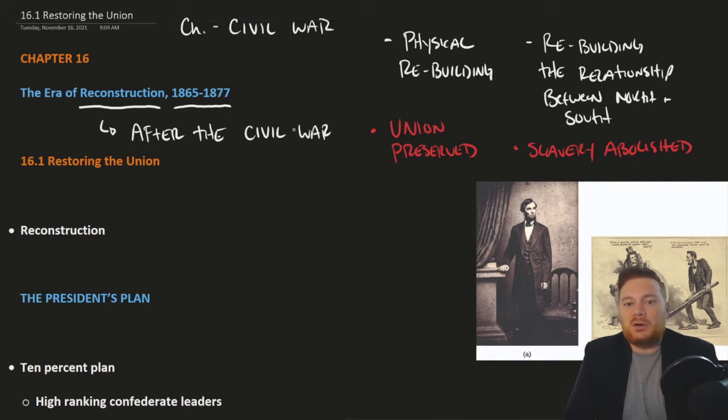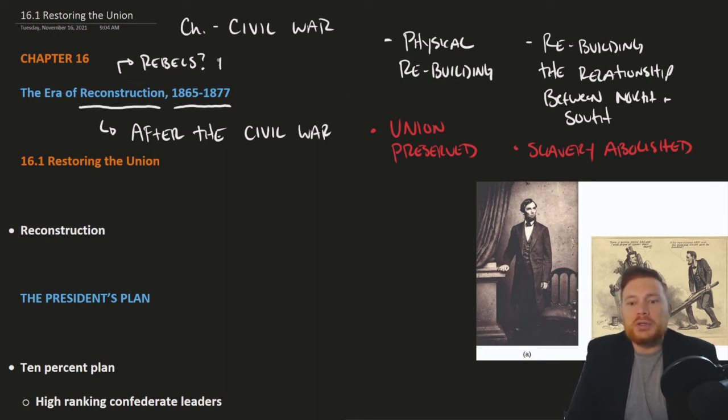However, there are a lot of outstanding questions, and those questions are answered in this period of Reconstruction. So, for example, what do you do with those rebels who waged war against the United States? Do you punish the rebels for what they did? Or do you forgive them because eventually they do have to be American again?